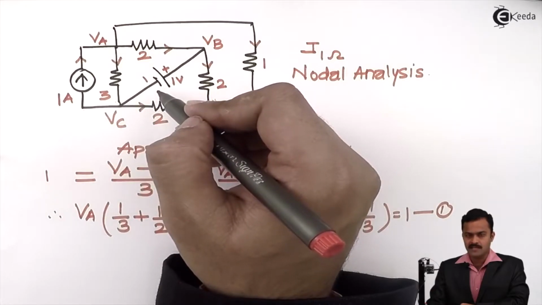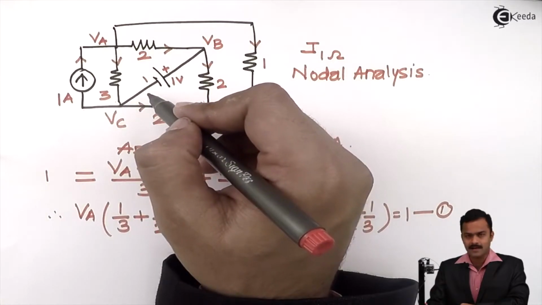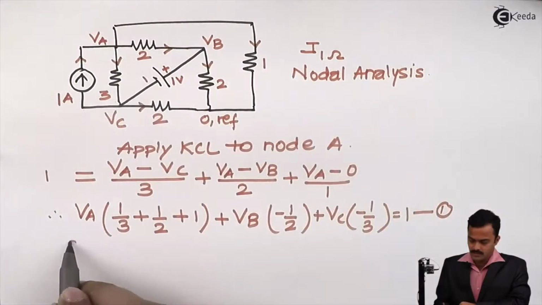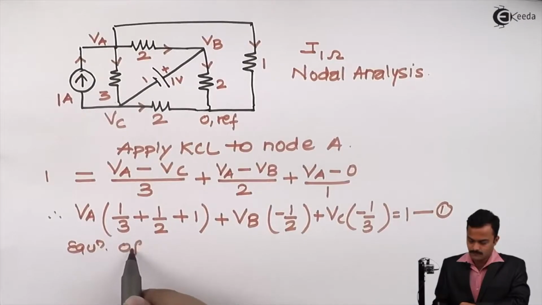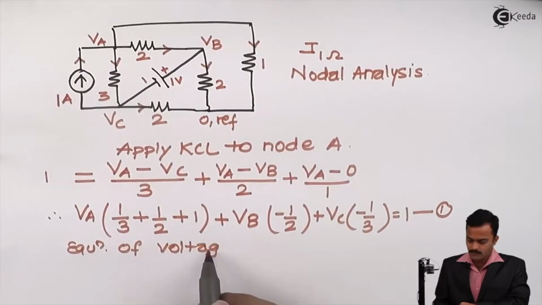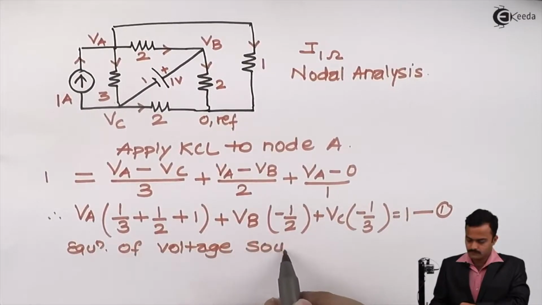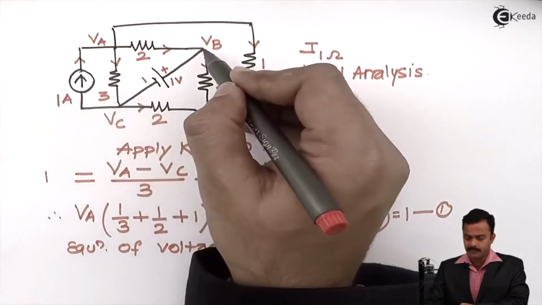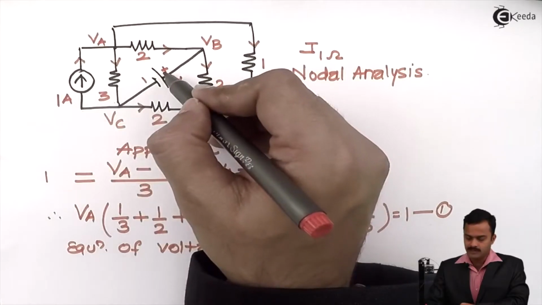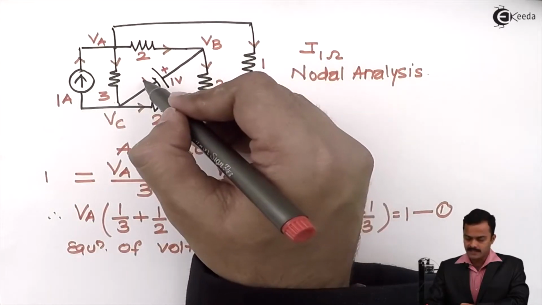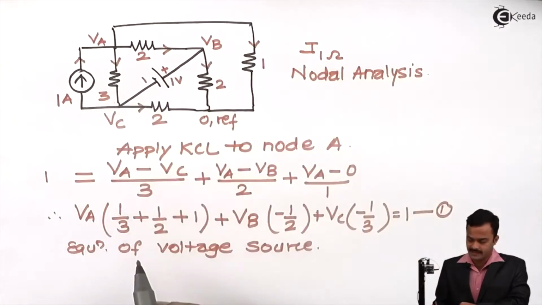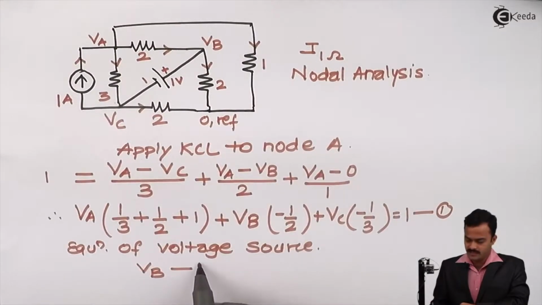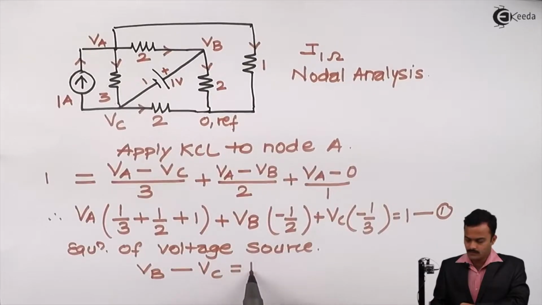But before applying KCL to the supernode, let's write the equation of this voltage source. The voltage source is present between points B and C, with positive polarity at B whereas negative at C. So I can say VB minus VC equal to 1.